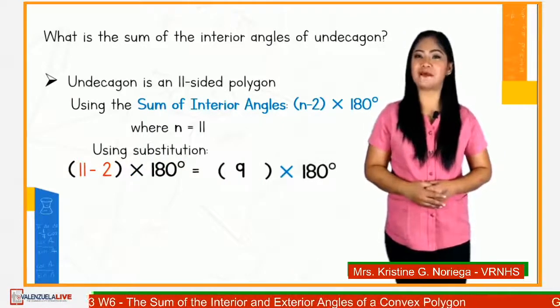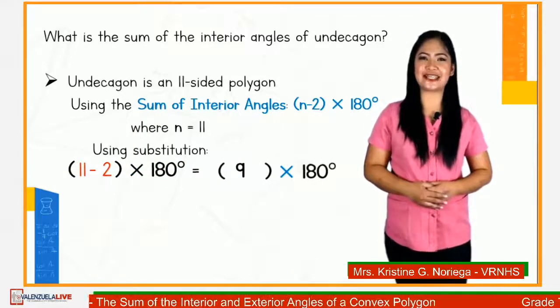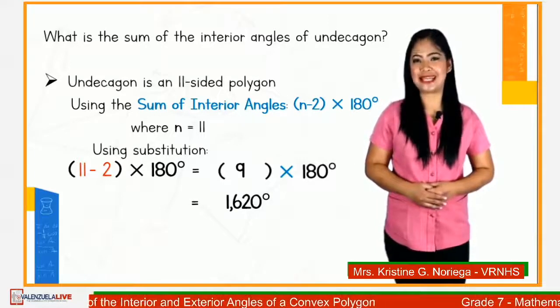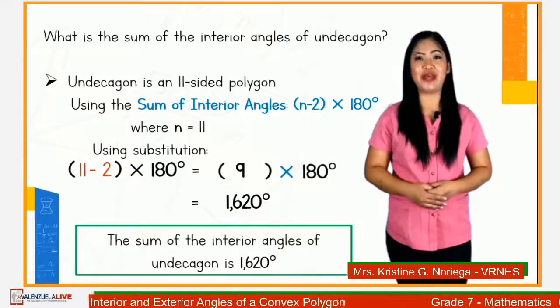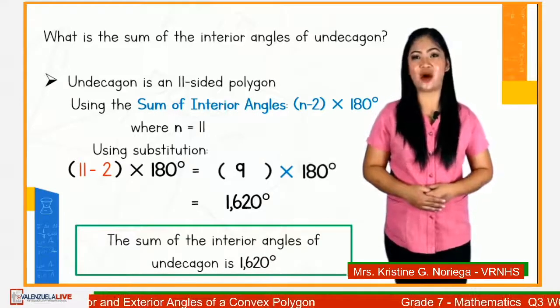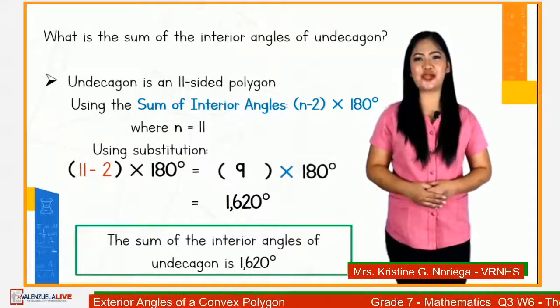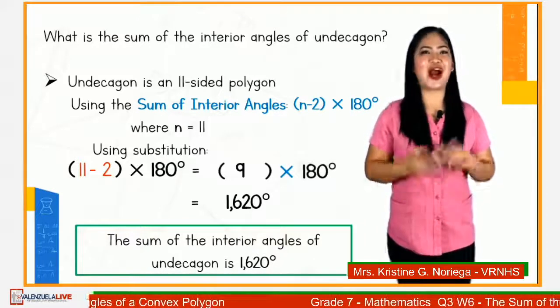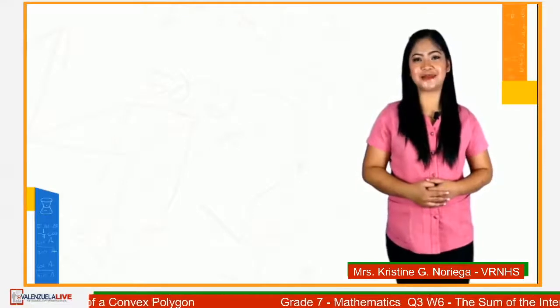Then, multiplied by 180 degrees will result to 1,620 degrees. Therefore, the sum of the interior angles of an endecagon is equal to 1,620 degrees.